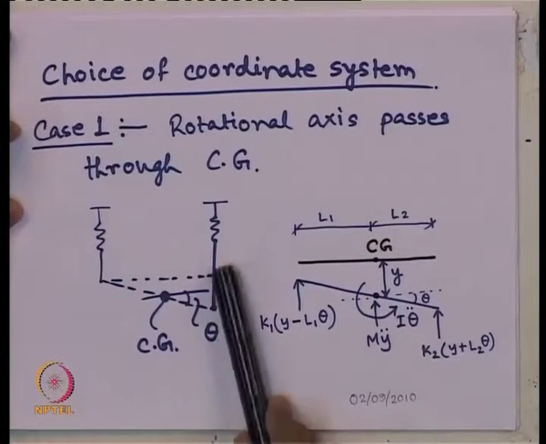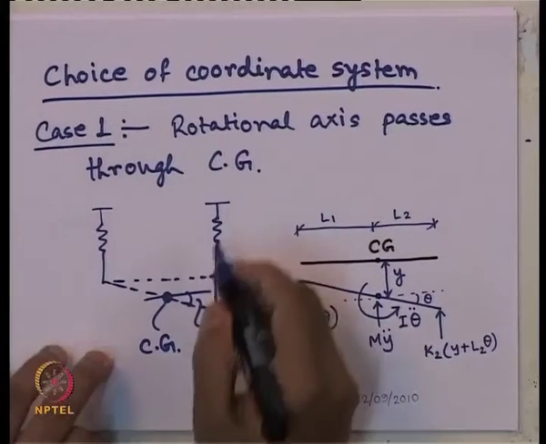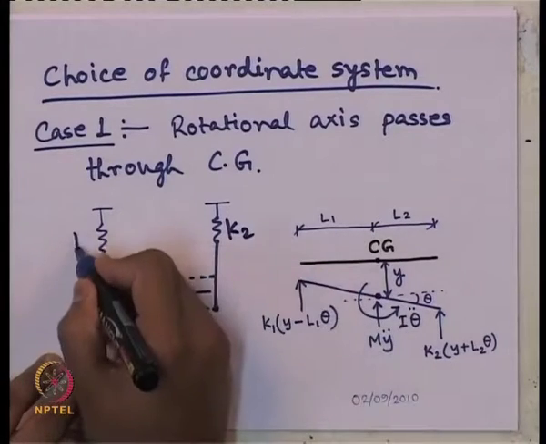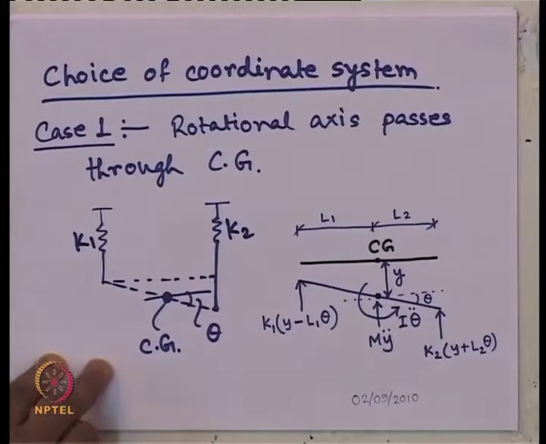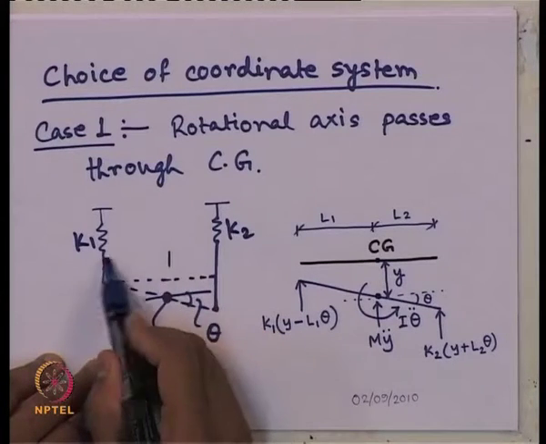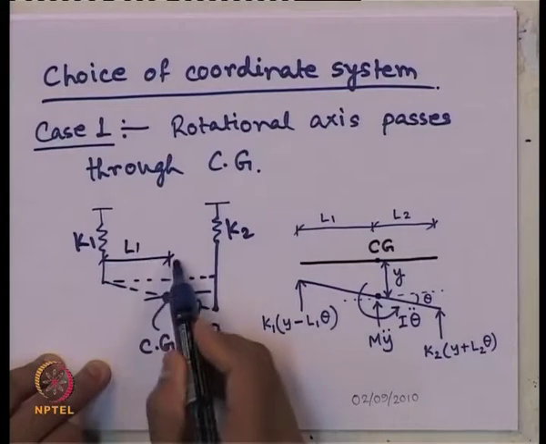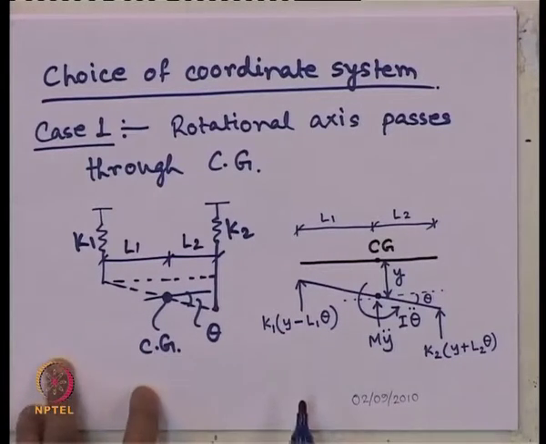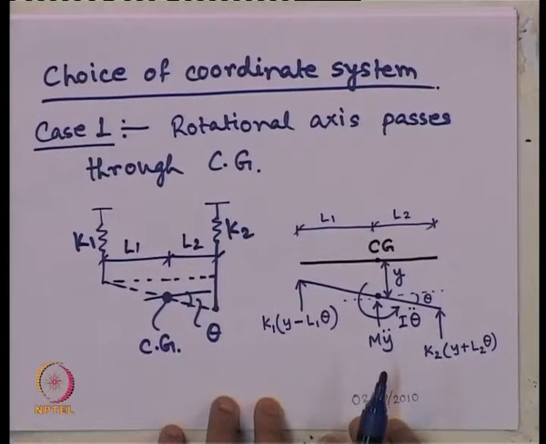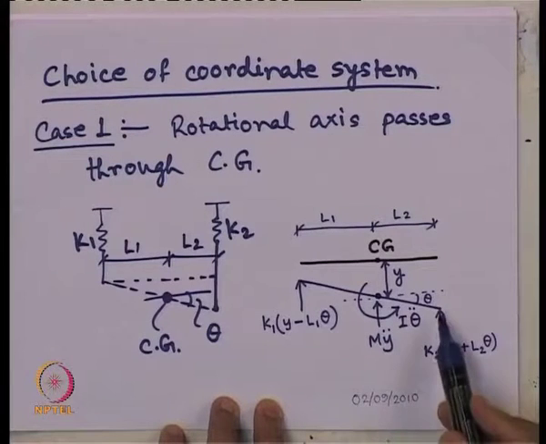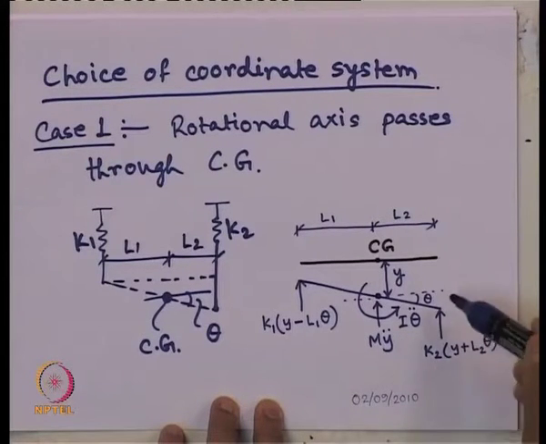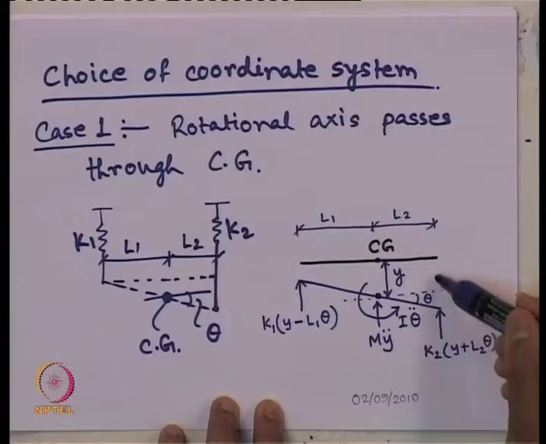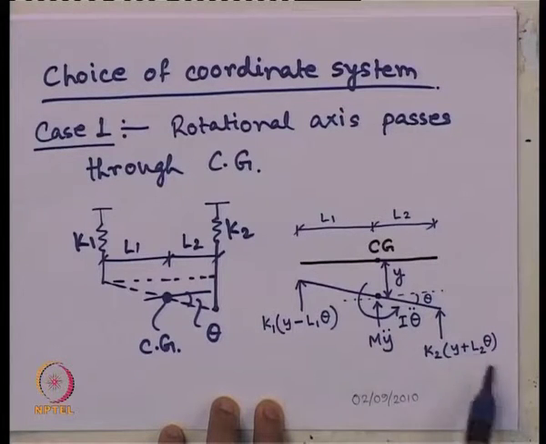This side spring K2 was connected. So, this was K2 and this was K1, and the distances with respect to the CG, we have seen, this distance we had considered L1 and this distance we had considered L2 from the CG to the ends of the springs. So, this spring is subjected to the corresponding displacement y plus L2 times theta.